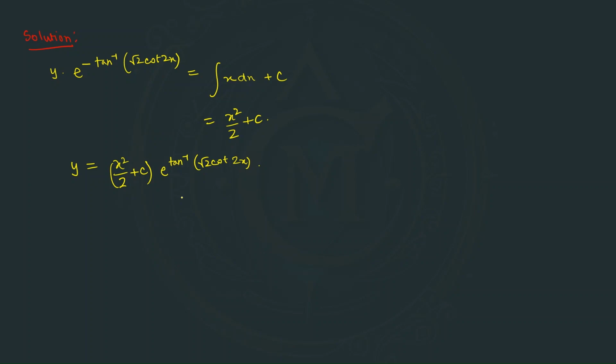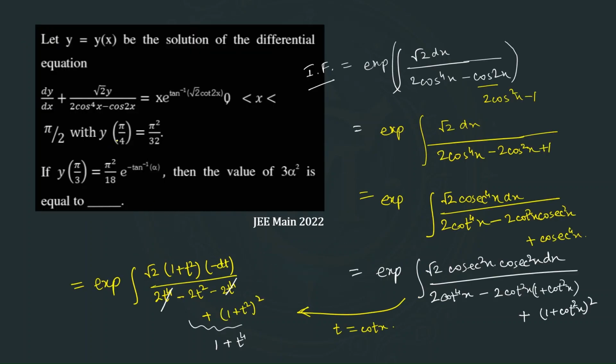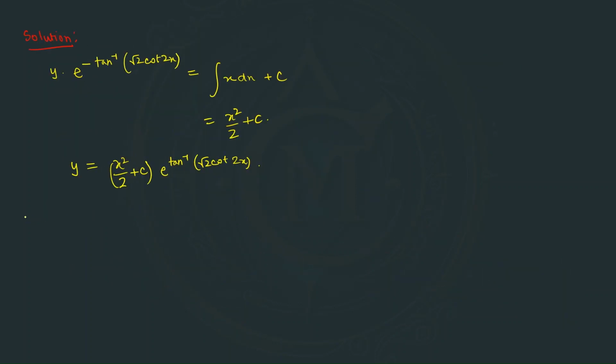Now to find the value of c, some information is given in the question. Y of pi by 4 is pi square divided by 32. So we get pi square divided by 32 is equal to, when x is pi by 4, so pi square divided by 32 plus c times e to the power minus tan inverse root 2 cot of pi by 2.